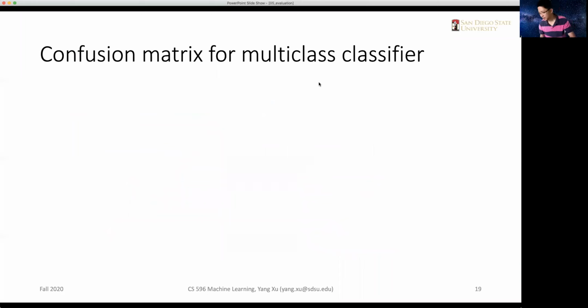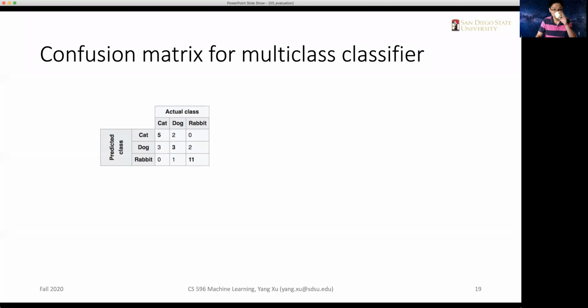And if we extend to the multiple class classification task, we can simply extend the matrices. So from the table, we can see which specific class works well, or which specific class is not as good, right?